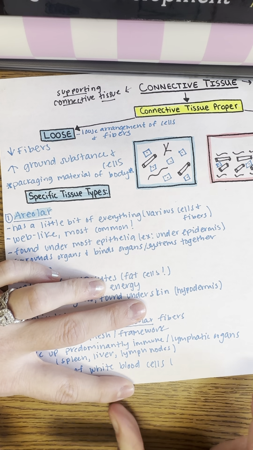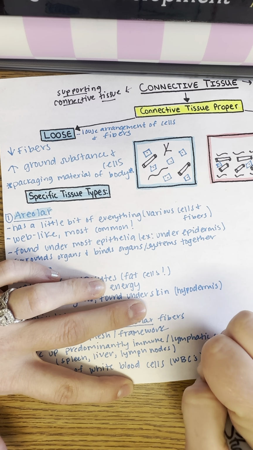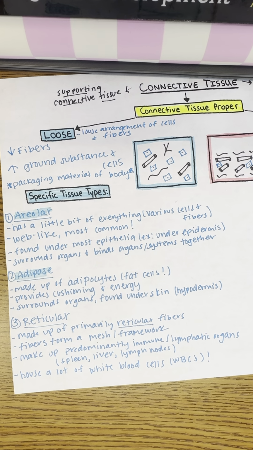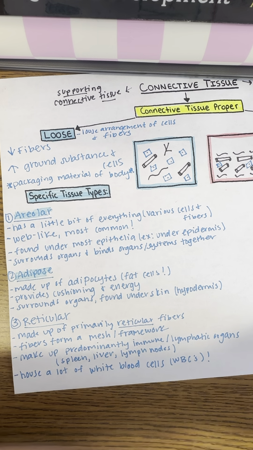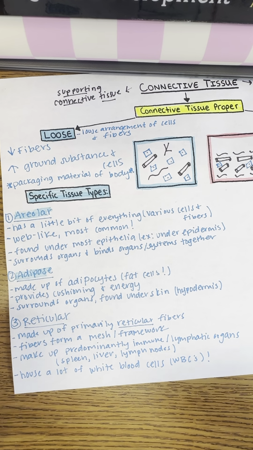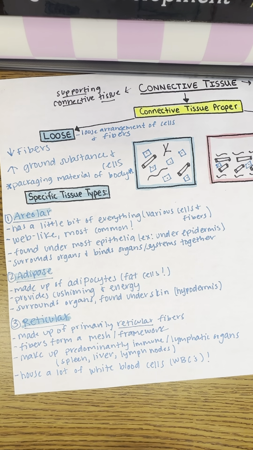And we actually shorten that and we'll write WBCs. White blood cells. Those we're going to learn a little later in the semester. Those are our immune cells. All right, so those are our three types of loose connective tissue: areolar, adipose, and reticular.